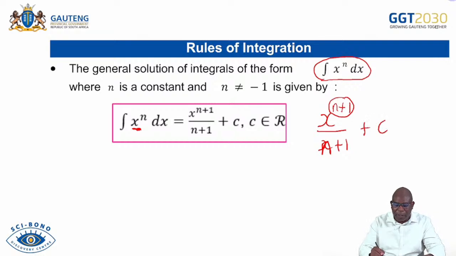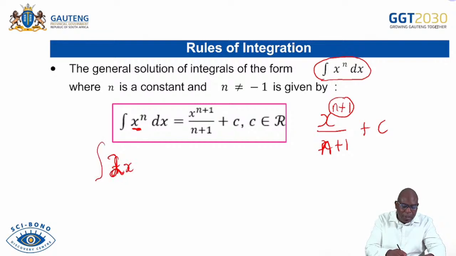So it means, let's go back to the question that I've done. If I had the integral of 2x, now I want to integrate this. Then I'm going to say it's 2x, this is to the power of 1, so I'll add 1 here.